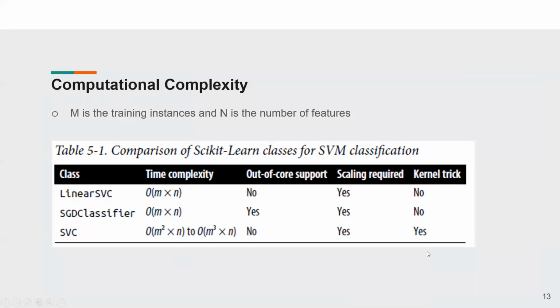So in other words, if you want to develop a nonlinear support vector machine classifier, it has to be SVC based. Also pay attention that for all three methodologies you could leverage scaling, because scaling helps SVM converge faster.